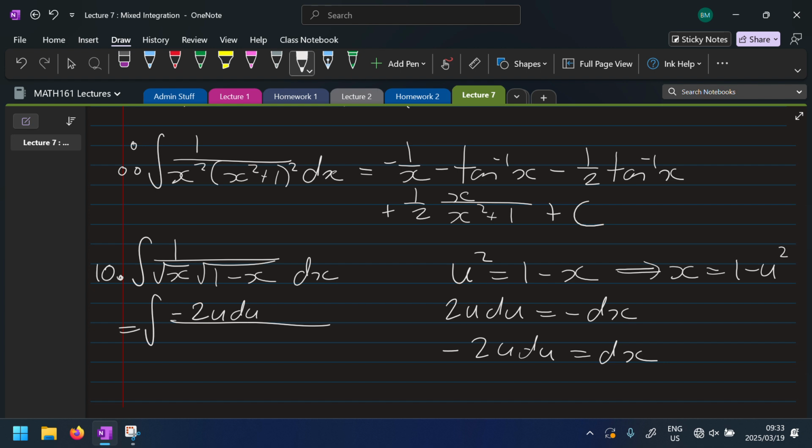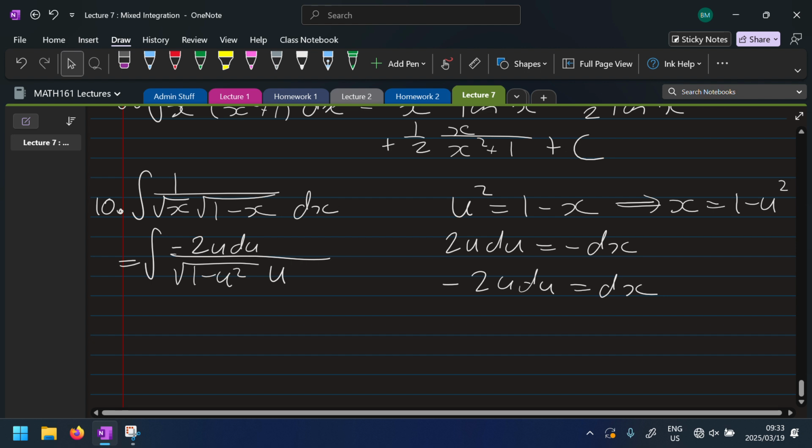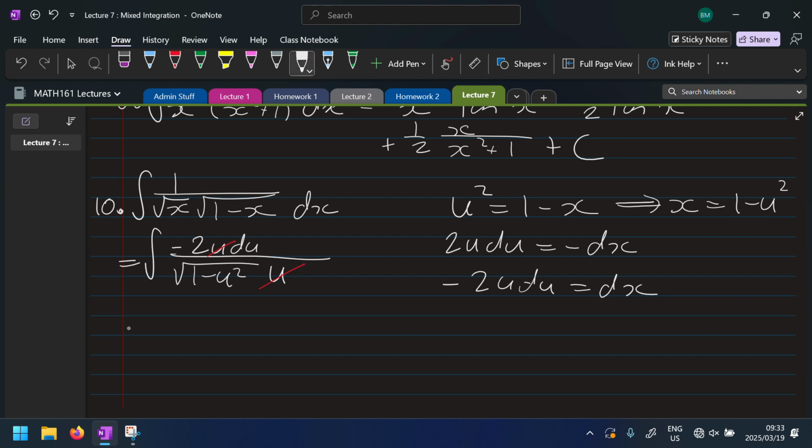So we can substitute that. Okay, and root 1 minus x, that's going to be u. Okay, we've got u at the top, u at the bottom. There can go. And we're left with the integral minus 2 over root 1 minus u squared.